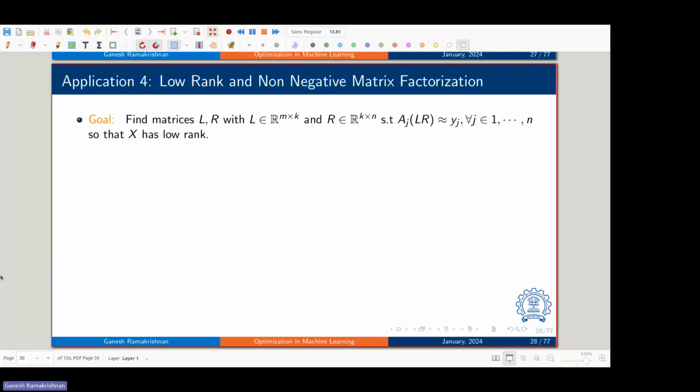But instead of this, I could also consider a simpler problem where I say, I just want to minimize, over theta, what I've observed minus LR on all the observed entries. Wherever you have observed, you should match.